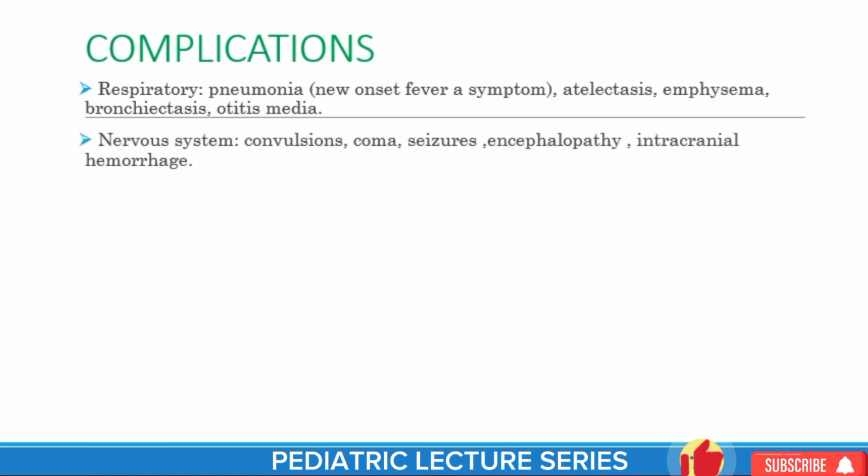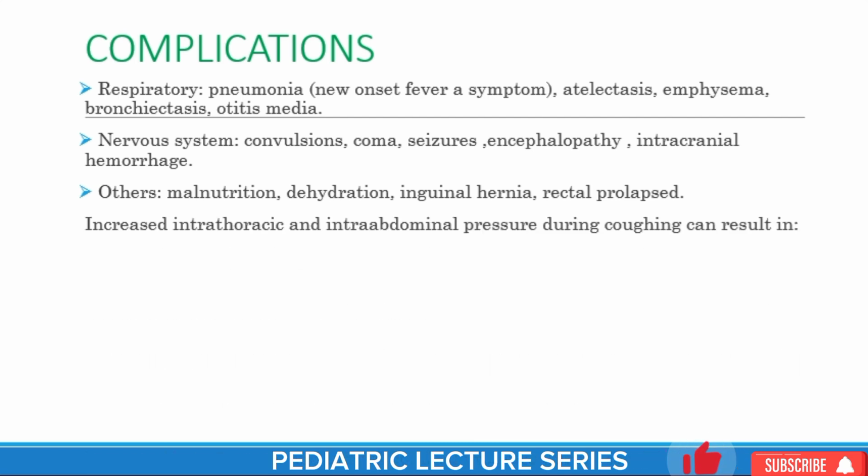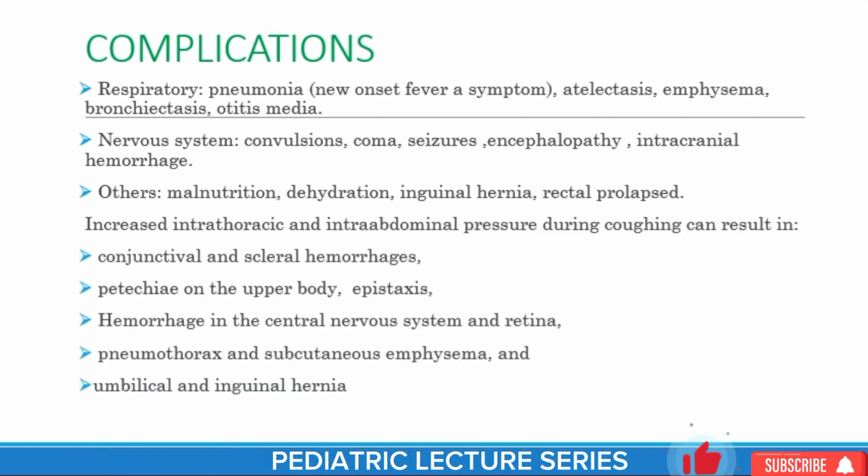Those are secondary infections. Then nervous system complications: you can have convulsions, coma, encephalopathy, and intracranial hemorrhage. Then you can also have malnutrition due to inability to feed, and dehydration. Then you have inguinal hernia and rectal prolapse. These are explained in the following sentences.